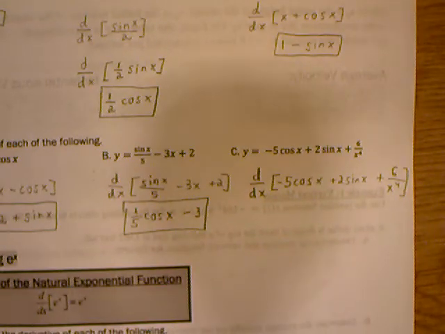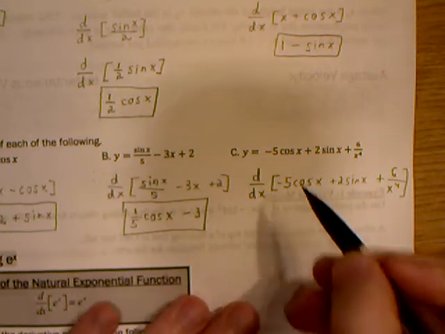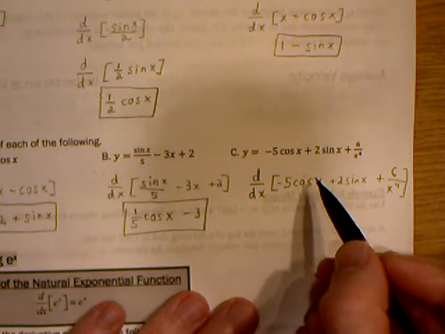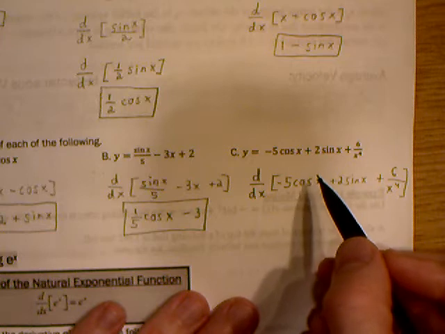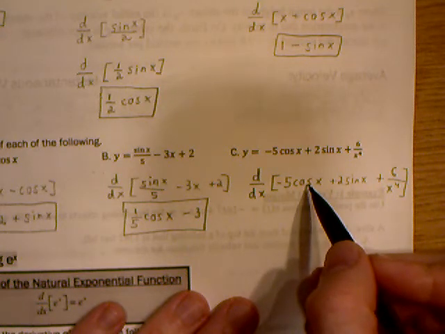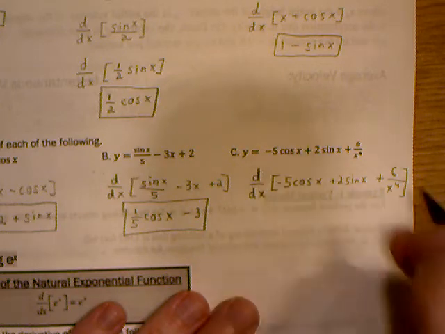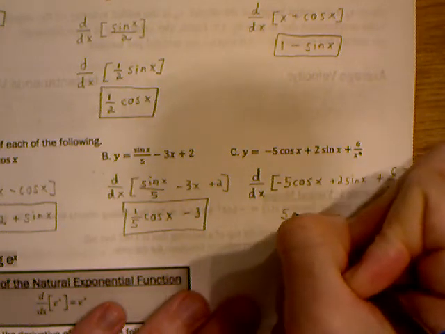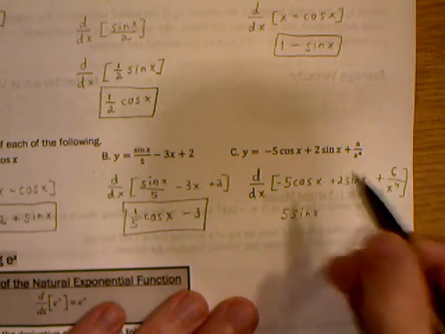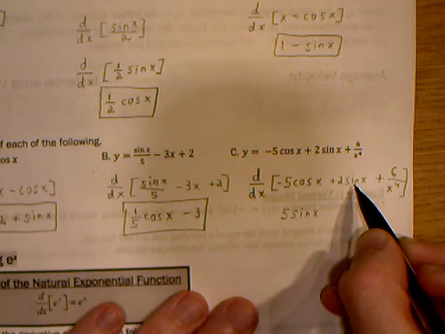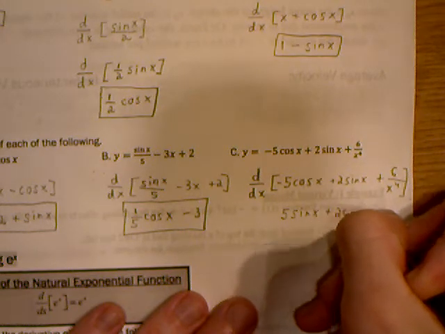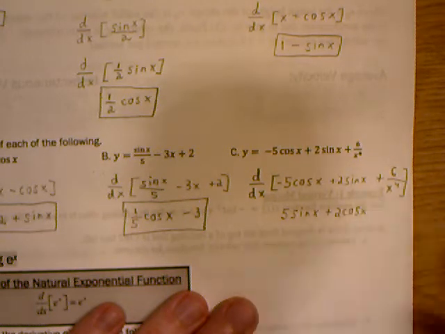Alright, now when I take the derivative of negative 5 cosine x, the derivative of cosine x is negative sine x. So negative sine x times a negative 5 becomes positive 5 sine x. The derivative of sine x is cosine x. So I'm going to have plus 2 cosine x.